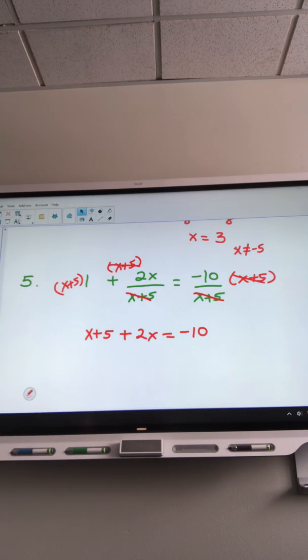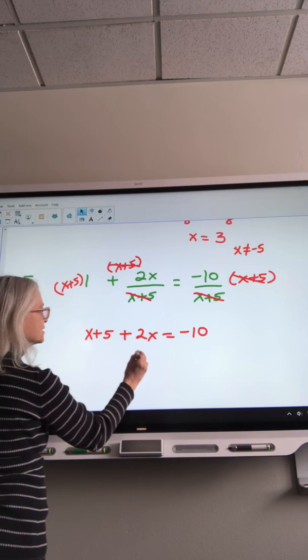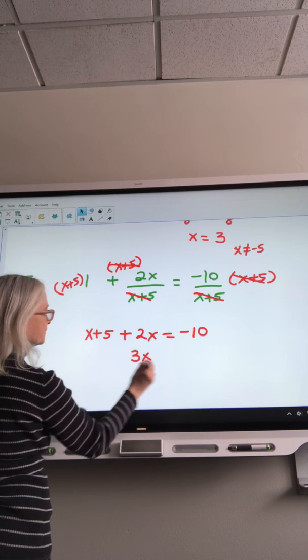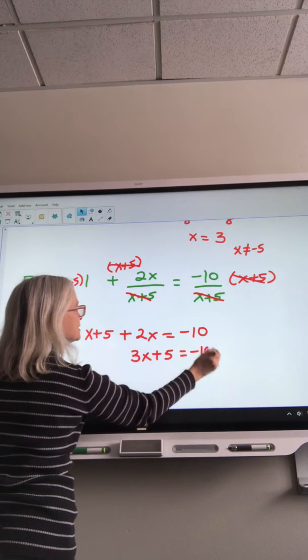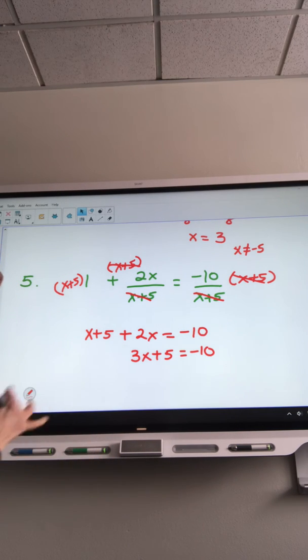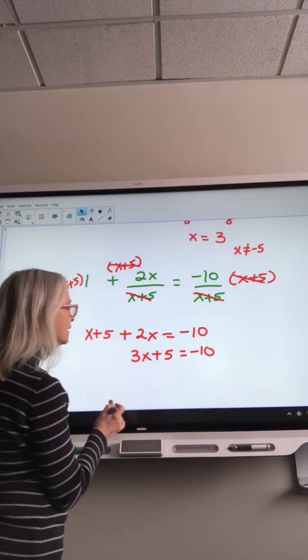So I have x plus 5 plus 2x is equal to a negative 10. I combine any like terms, so the x and the 2x would give me 3x. So we've got 3x plus 5 is equal to a negative 10. And again, this is where we look to see, can we solve this without having to factor? And it looks like we can.